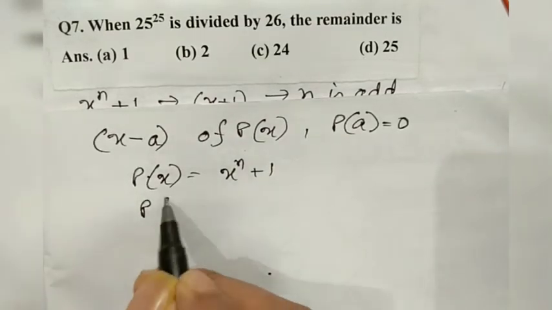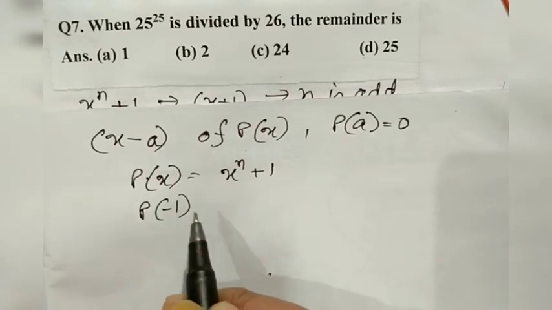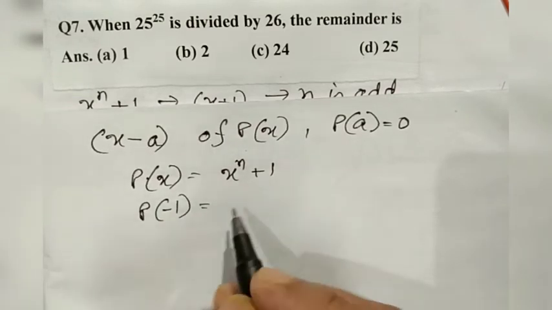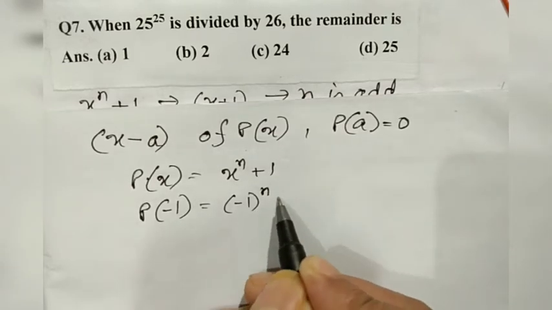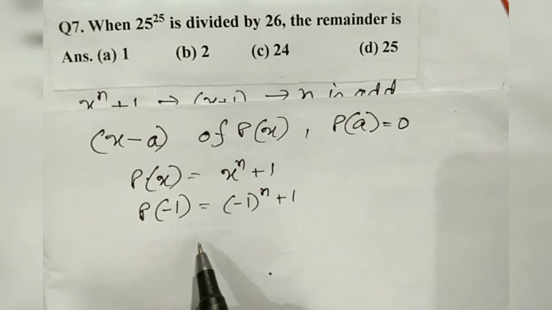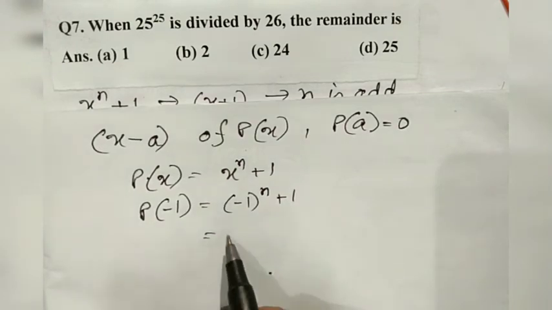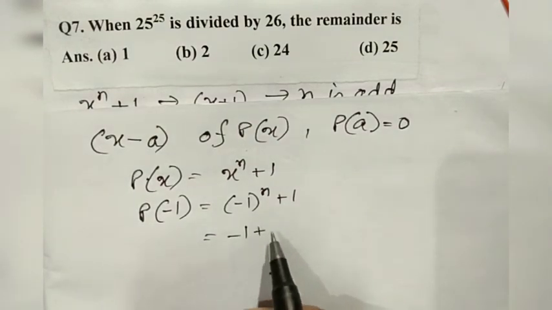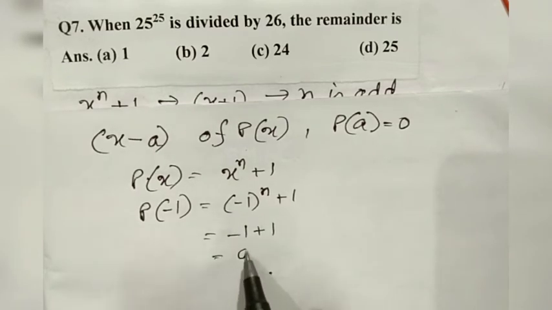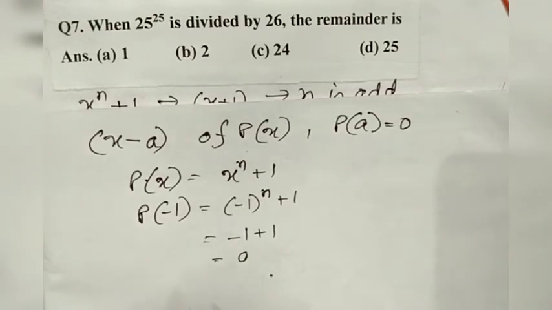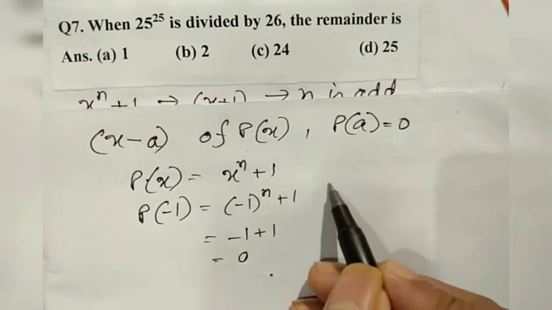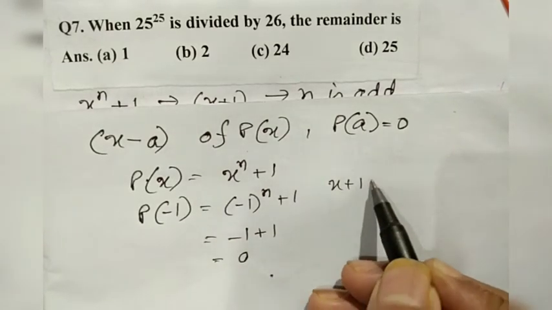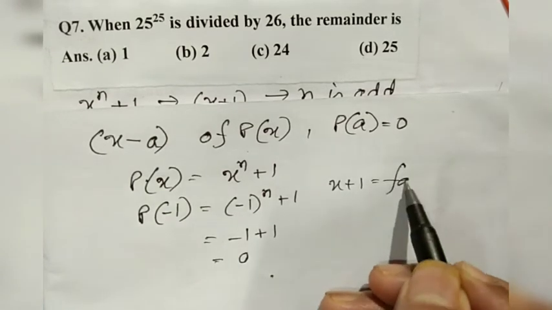Then p(-1) equals (-1) to the power n plus 1, which equals 0 when n is an odd integer. So x plus 1 is a factor. Okay?